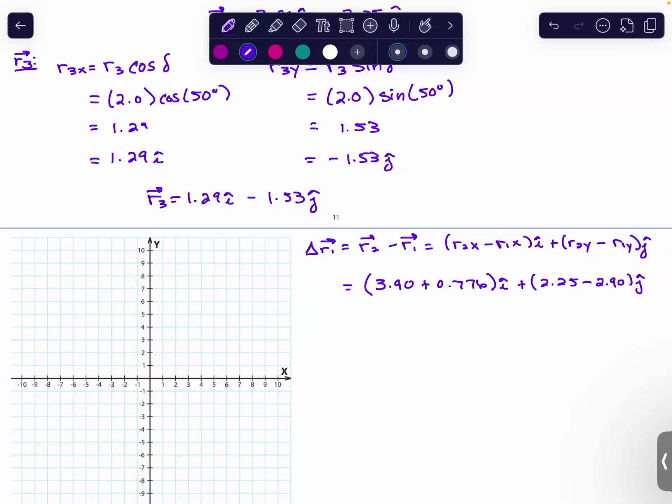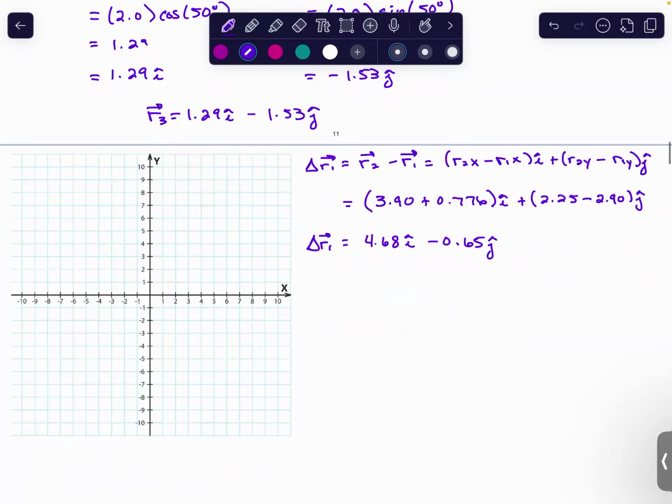When you add all these together, your first displacement vector, 4.68 i hat minus 0.65 j hat. If you go back up and look at the direction of delta R1, you can see that if you placed an XY axis on the end of delta R1, it's pointing into the fourth quadrant. So these components make sense.